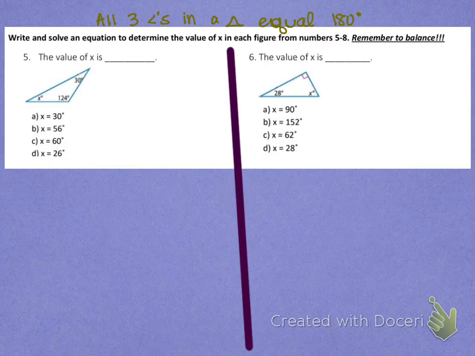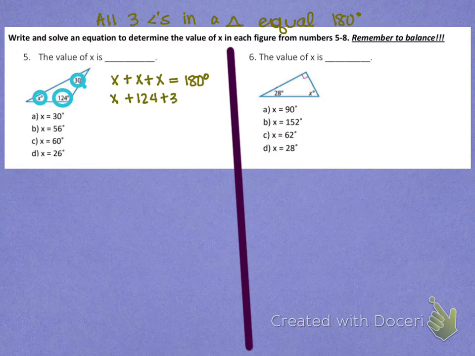So that means that we have this formula that we could use that says x plus x plus x equals 180 degrees, because I can add up all my angles and make them equal 180. And that's a triangle. Then I'm going to take my values here. I have an x, I have 124, and I have 30. I'm going to write those down. x plus 124 plus 30 equals 180.